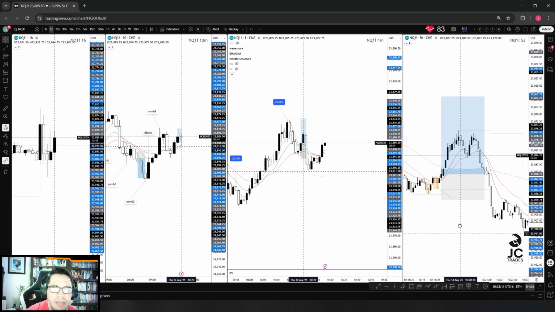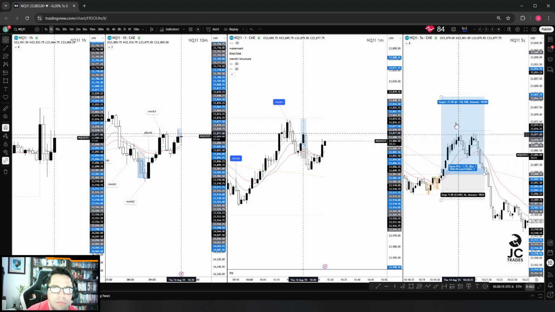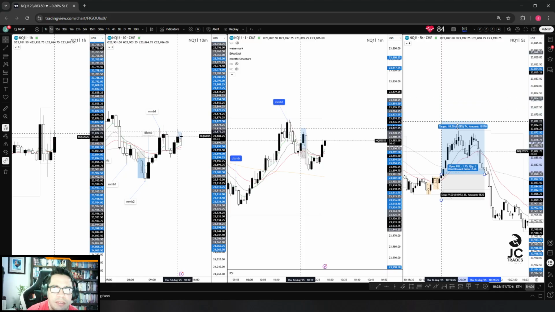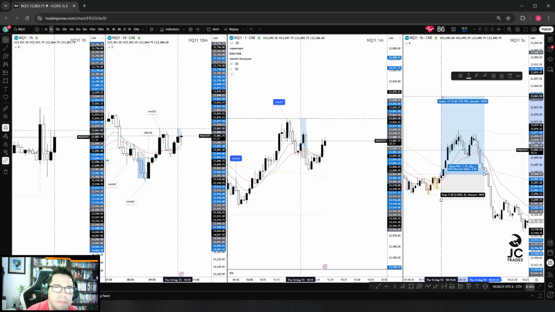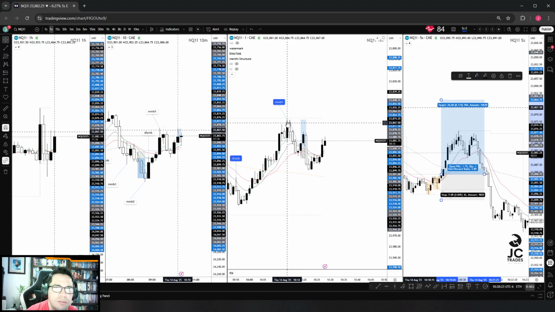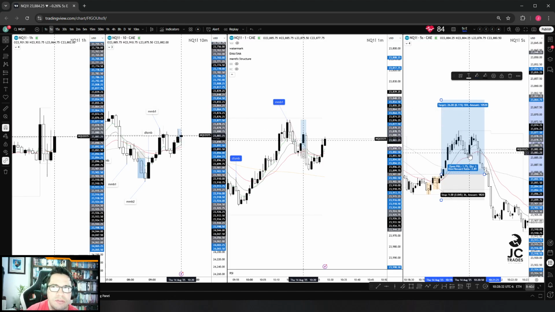So it was a valid entry. We got a very nice reaction from the start of the move. We came directly up to 1.69 R. We were expecting to come here to validate MMB1 here as the start of the move, so we were pretty much confident on that move, so we let the trade run.